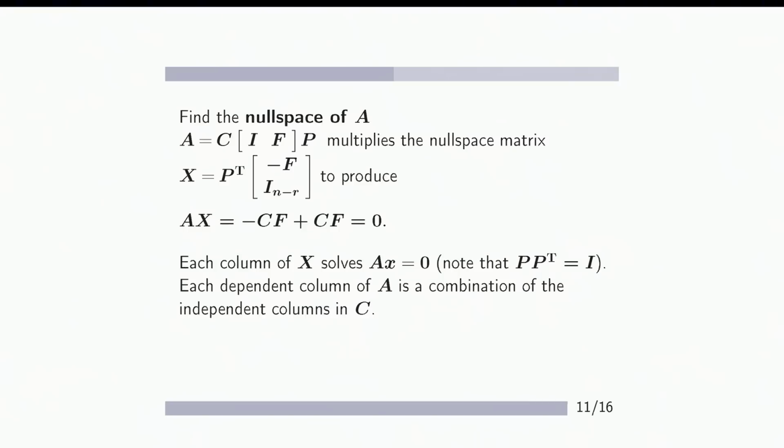And what I wanted to do was to show that elimination does its job, makes it simple, makes the null space jump out. You just need the F that comes from elimination, the possible permutations, and you've got the answer. You've got the x's that solve Ax equals 0.